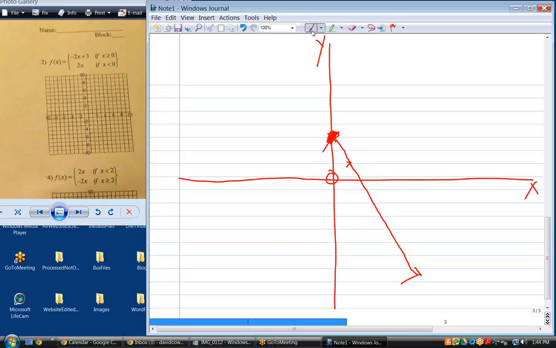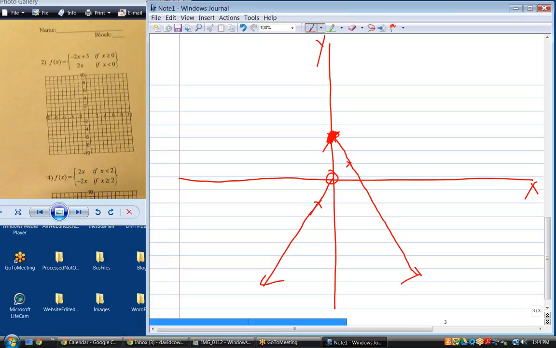Would you go down 2 over 1? Which way over? Yes, you go down 2. Which way over? To the left. Right. There's my second point right there. And it starts there, and it goes through the point forever.